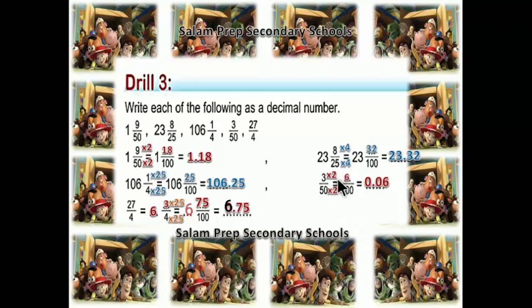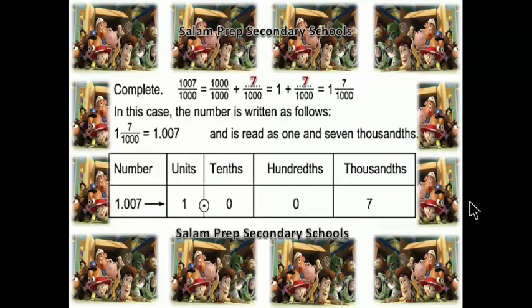There is no whole number, so we will put 0. 6 over 100 means we will put 0 in tenths, 6 in hundredths. Please take care. Complete.